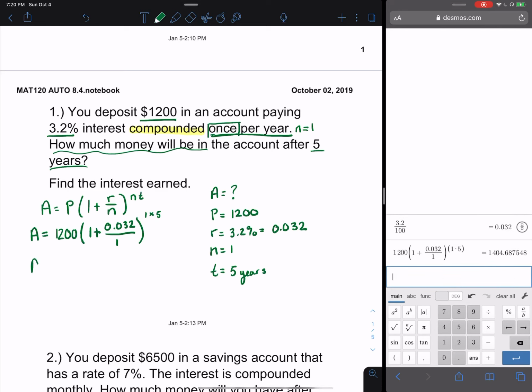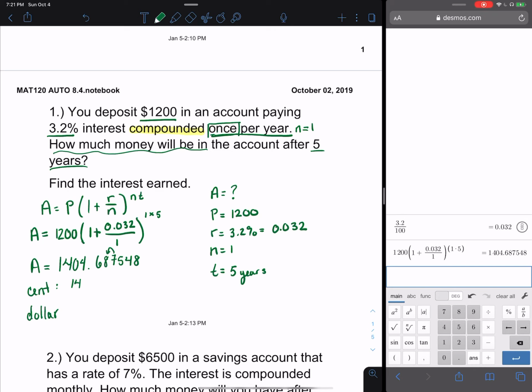So I get the answer that the future value is 1,404.687548. Just like before, they could ask us to round to the nearest cent or to the nearest dollar. So if they asked us to round to the nearest cent, that 7 tells us to bump up.